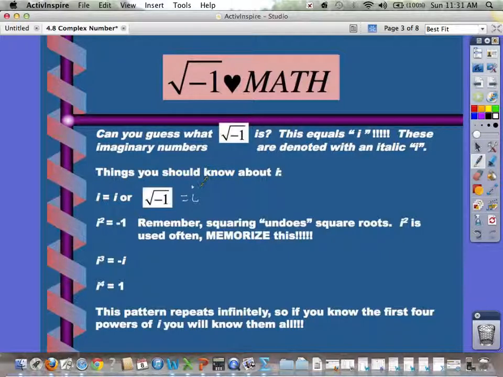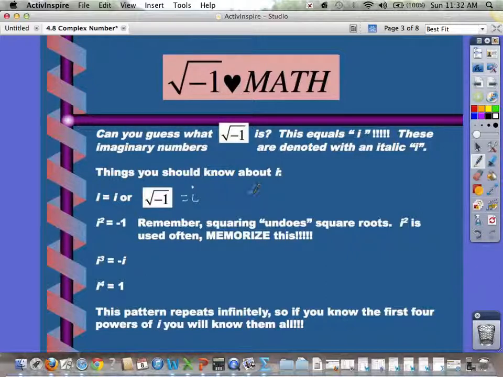All right, i squared is -1, because remember, squaring undoes square roots. So i squared is often used. We're going to be using it a lot in this section. You need to know that when you see i squared, it automatically means -1. That's a number you can work with, okay? So i squared is -1, right?